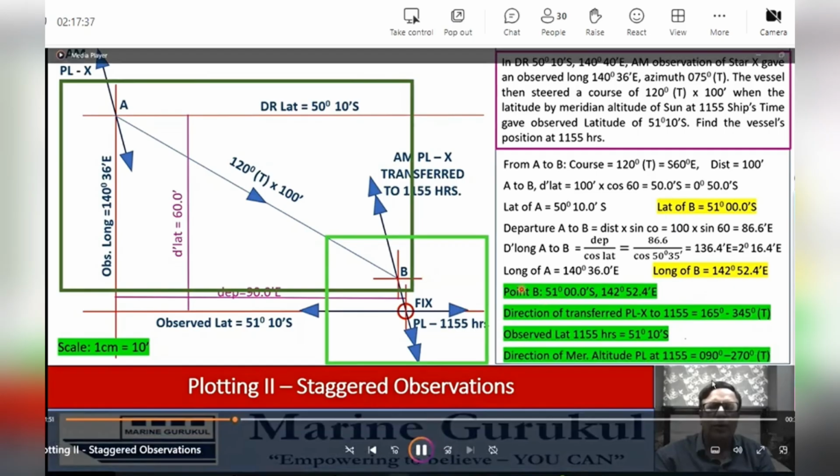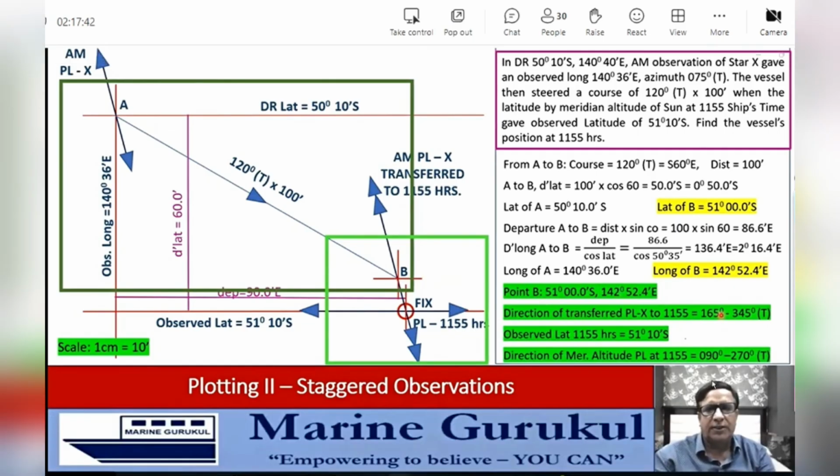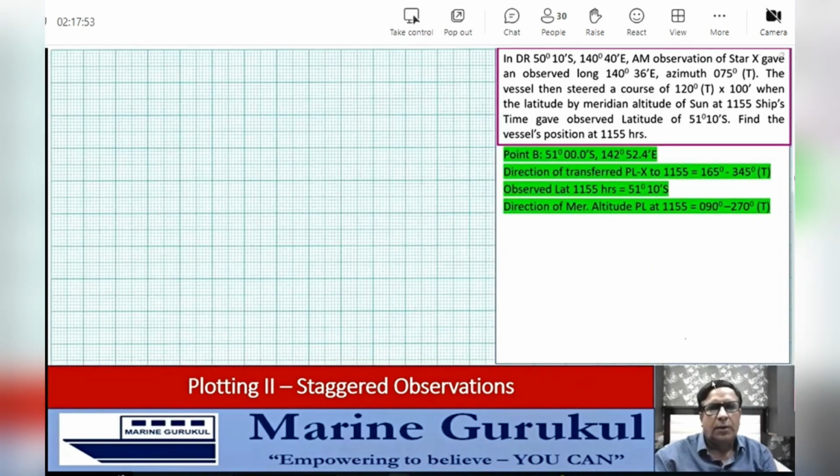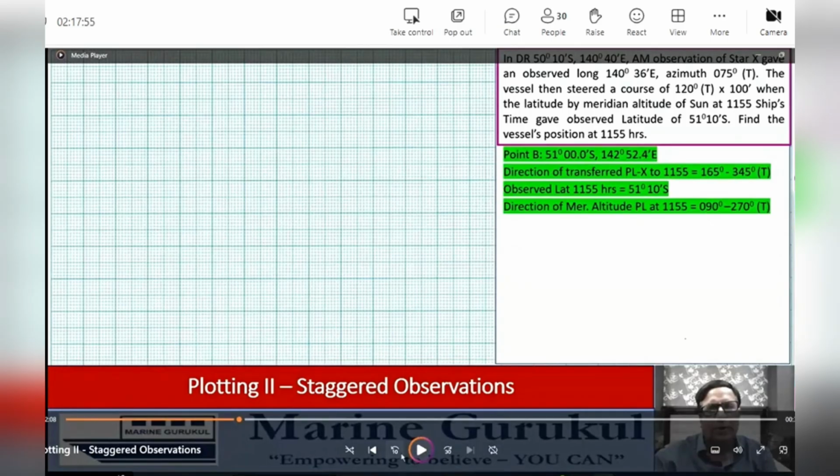So now we have two PLs, one drawn through this point B with the direction being 165 degrees to 345, second one being drawn by latitude by meridian altitude method, direction being east-west. Now, the same information is picked up here, beta, and we are going to plot this now. It will be exactly like a simultaneous plot.